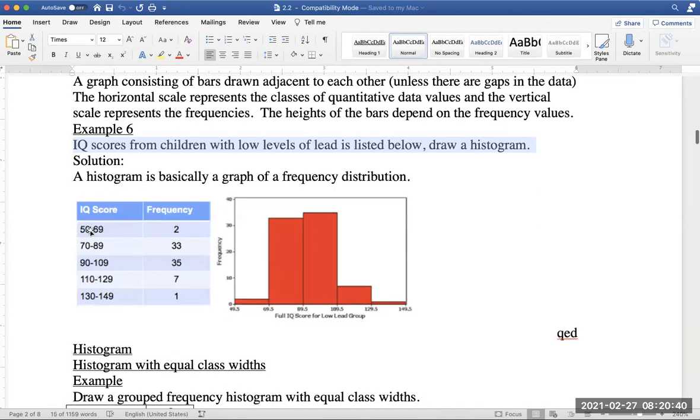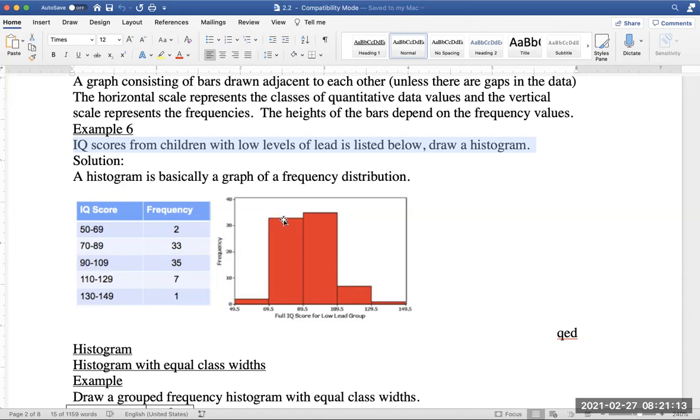So we're going from 50 to 69, and we have a frequency of 2. Notice I'm going to draw from the boundaries, so I'll look at my class boundaries. My lower class boundary is 49.5, my upper class boundary is 69.5, and my height in this case will be 2.